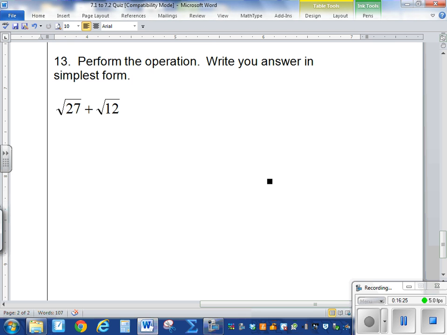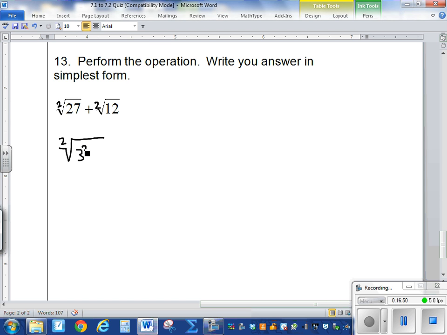Okay, perform the operation, write your answer in simplest form. These are square roots. Remember, when it's asking for a square root, there's kind of like a 2 here. That's square root. Standard form means you're looking for pairs basically. So you can rewrite it 27. I'm going to put the 2 root just to be explicit about it. 27 is 9 times 3, so 9 is a perfect square.